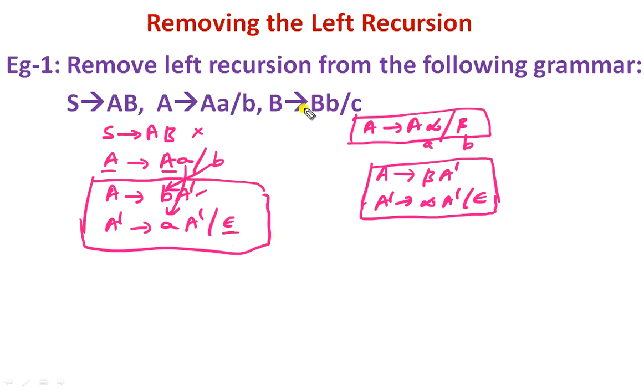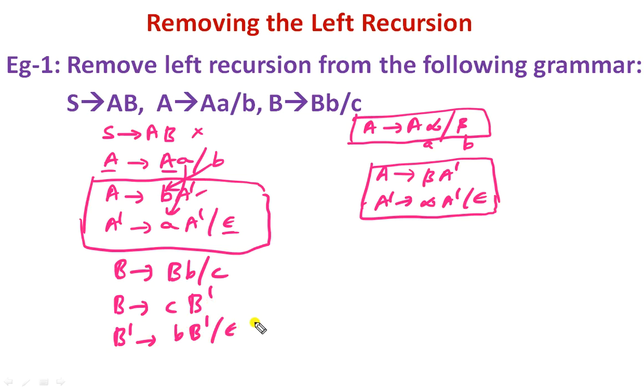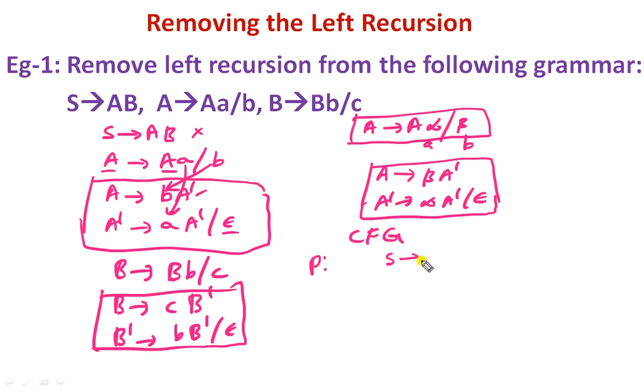Similarly, there is one more production rule, B generates BB or C. This can also be written as B generates C B dash, and B dash generates B B dash or epsilon. These are the newly generated production rules. Now the entire context-free grammar has the production rules S generates AB, there is no left recursion.